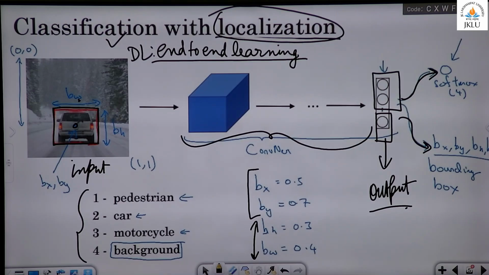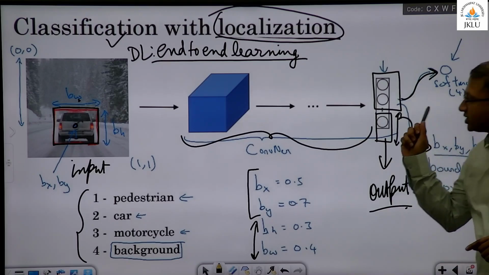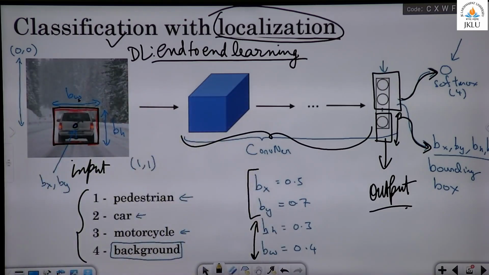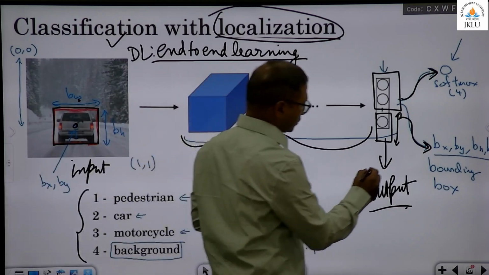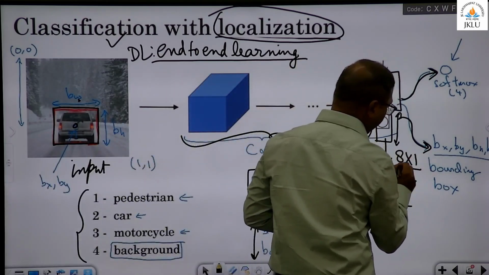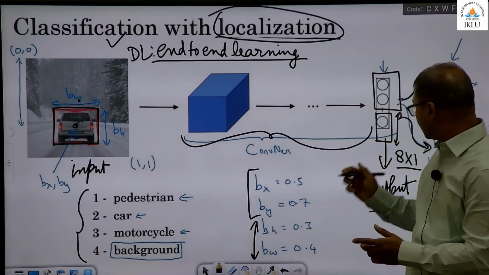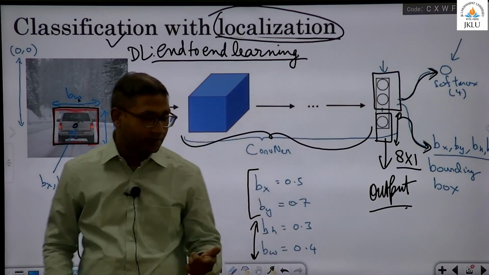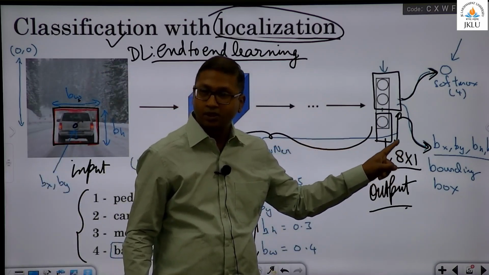Apart from the classes, I also have these 4 numbers. So what is the size of my output? It's a vector of size 8 cross 1. If I were just doing classification, this would be a vector of size 4 cross 1. But in this case, it becomes 8 cross 1.